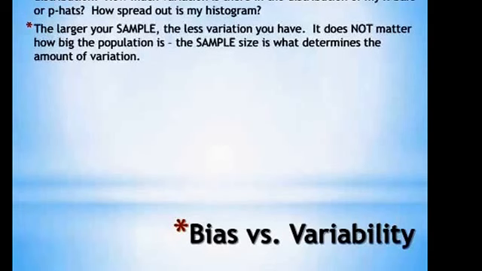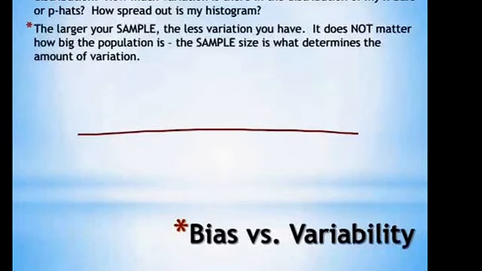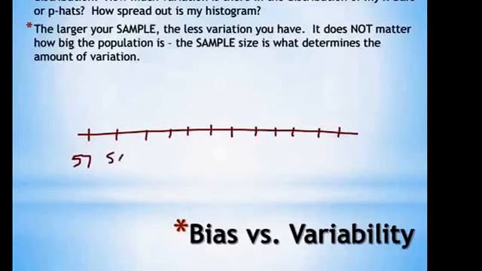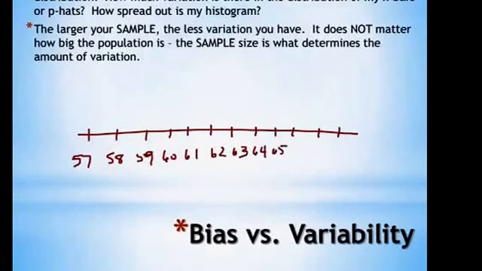So let's say, for example, I'm going to make a dot plot of heights. So I have from 57 inches, 58, 59, all the way up to 68 inches, which is around 5'8".